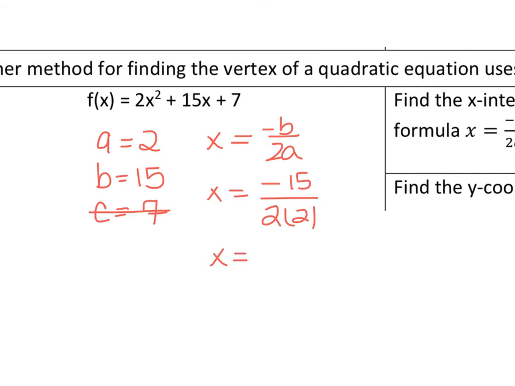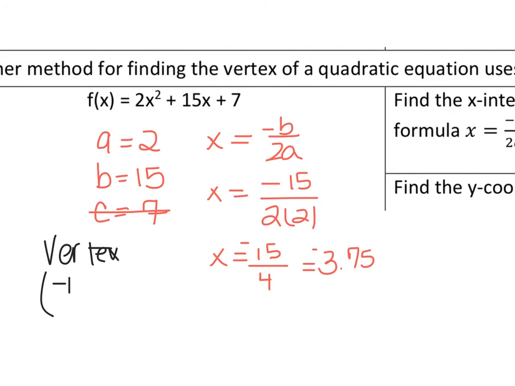And we get x equals negative 15 over 4. If you want to write it as a decimal, it's negative 3.75. So if we are looking for the x value of our vertex, we found it, and it's not pretty, but that's okay. So our x value is negative 15 over 4.